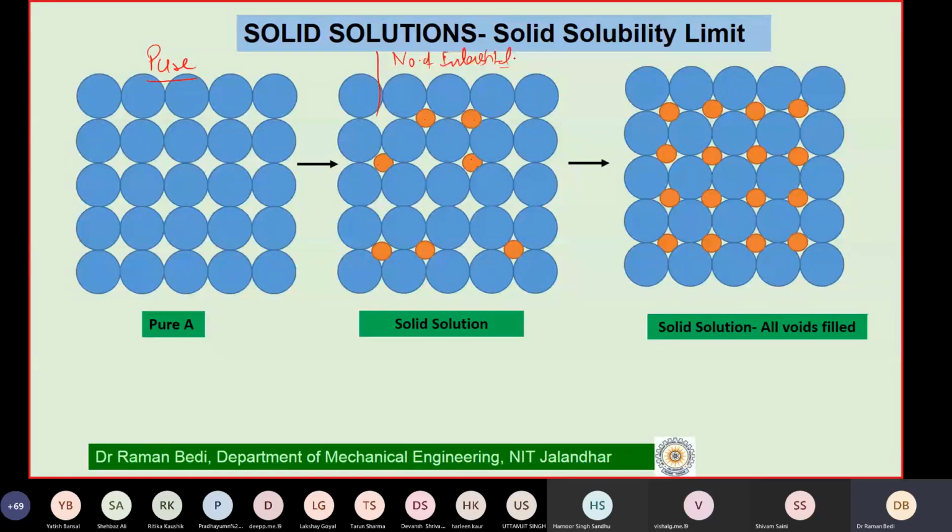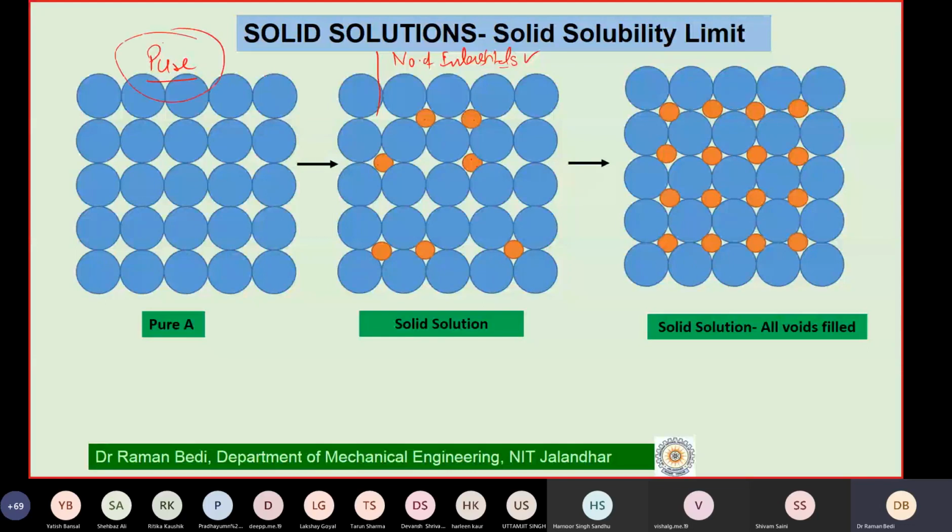We have already calculated them. If you remember, we calculated that for FCC, you have 1 octahedral void per solvent atom, and so on. So there is a limit up to which the solute can be accommodated into your pure metal here.